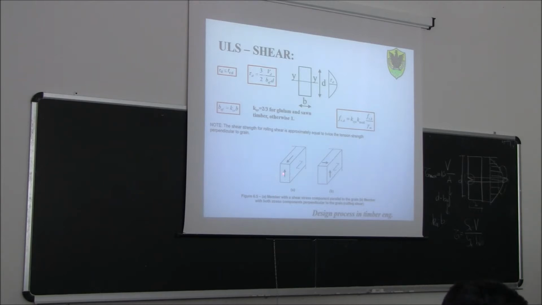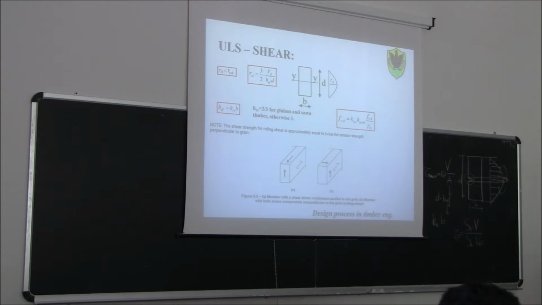Is this one parallel to the grain? No. This one? Yes. This one? Yes or no? Some say yes, some say no. Parallel or not? Think about the microstructure. How would you see it if this is a beam?